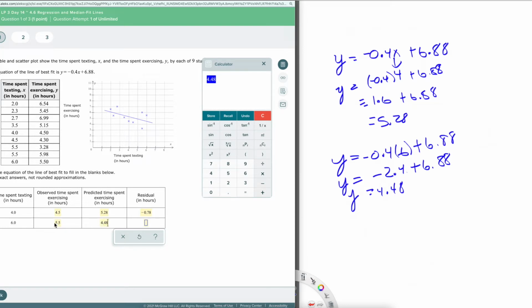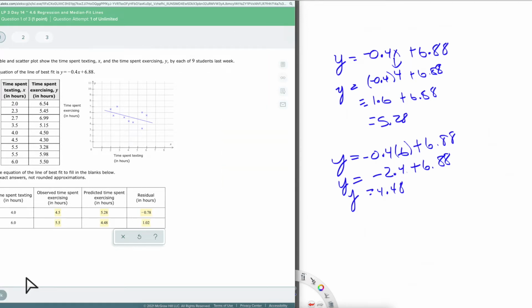So these are above and below where we think they would be. So I'm going to go to the beginning here and go 5.5 because it's the observed minus the predicted. So they exercised for 1.02 hours more than we thought they would. All right.